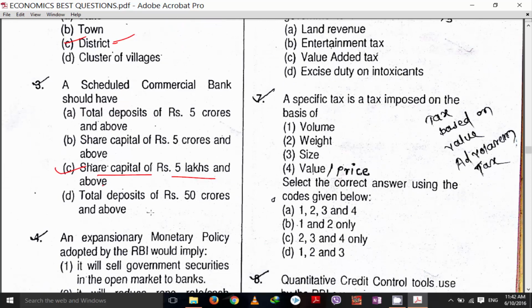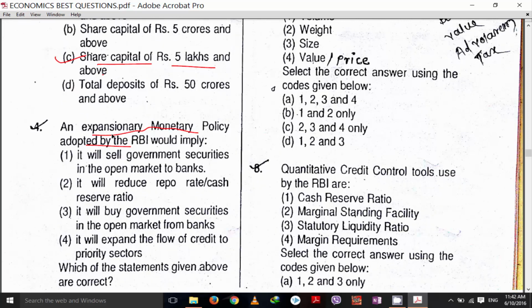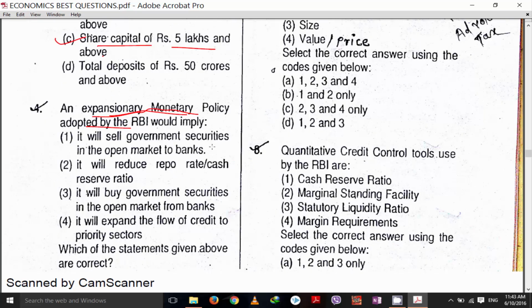The next question. The expansionary monetary policy adopted by the RBI would employ, okay, expansionary monetary policy. It will sell government securities in the open market to banks. It means that they are withdrawing the money, so it cannot be the answer.